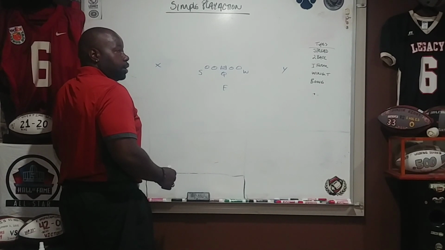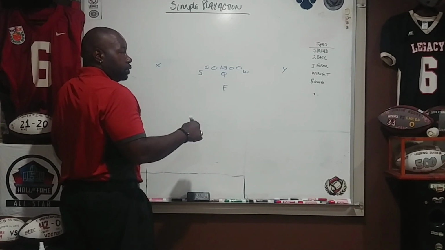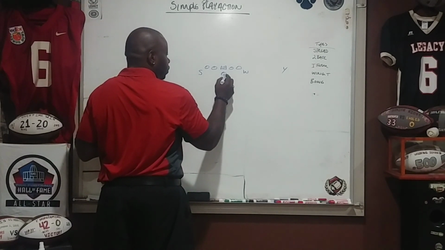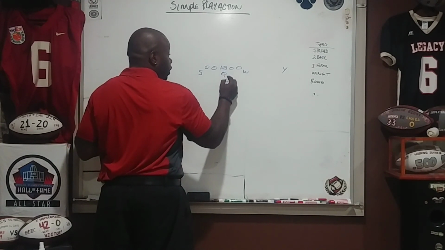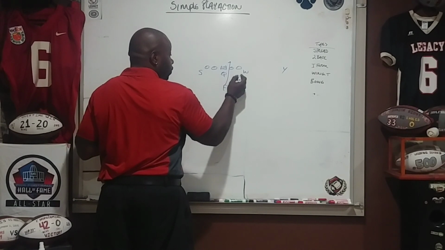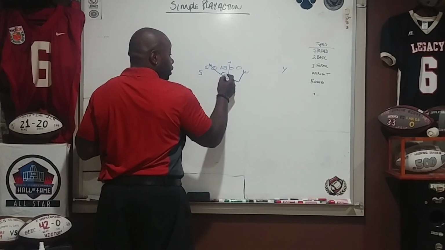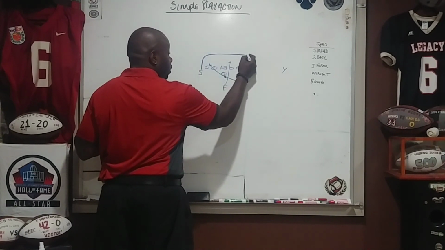We'll run a counter and then boot out of it. What we're going to do here is fake to the fullback, fake to the wing coming underneath on the counter.